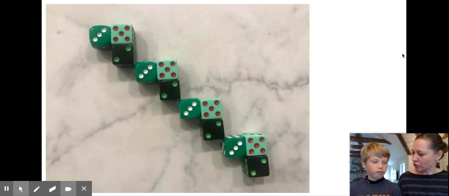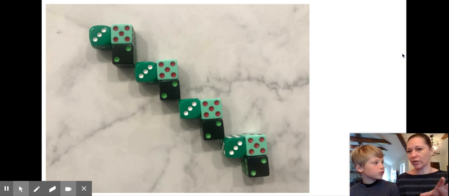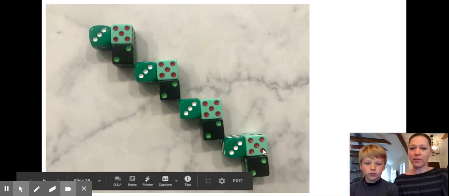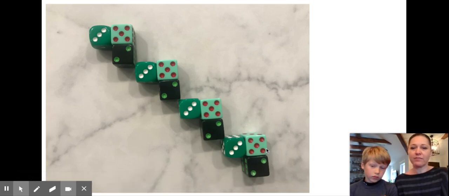All right, Gage, would you like to tell us how you were seeing groups in this picture? Sure. I was seeing groups as in like 5, 5, 5, and 5 at the top. So you're talking about this dice right here, this mint green one with the red dots. There are 4 groups of 5 there, 5 and 5 and 5 and 5.